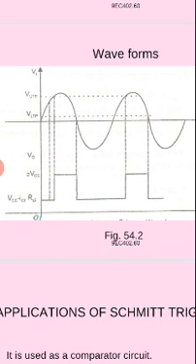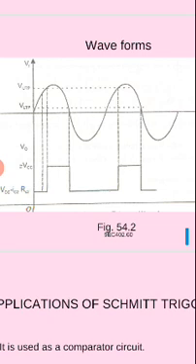See here, at UTP, transistor output goes to the VCC, and at LTP, transistor output goes to the low value or VCSAT value. Again, after UTP value, transistor output goes to VCC.